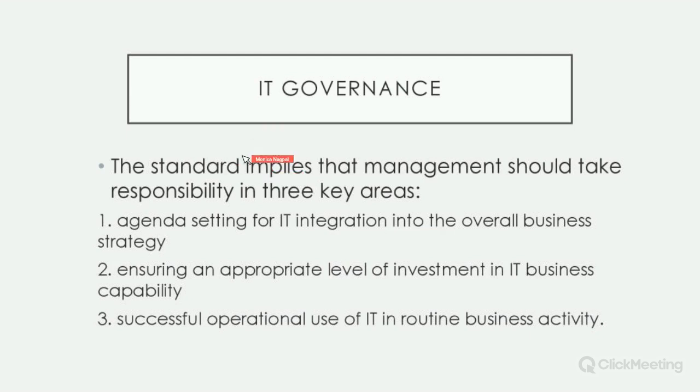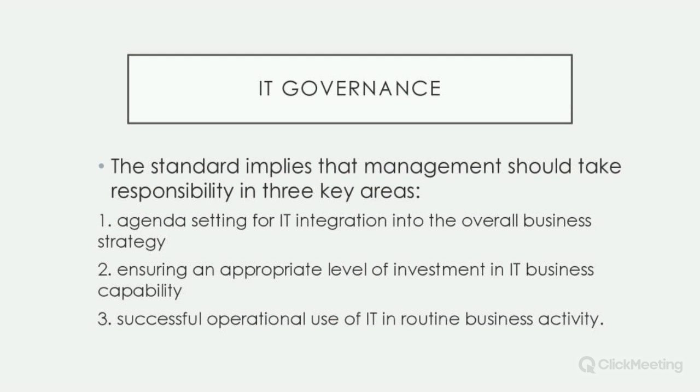The standard of IT governance implies that management should take responsibilities in these three key areas where there's an agenda setting for IT integration into overall business strategy. It is about ensuring an appropriate level of investment in the IT business capabilities. That means training your staff, you have the right softwares, you have proper safeguards.